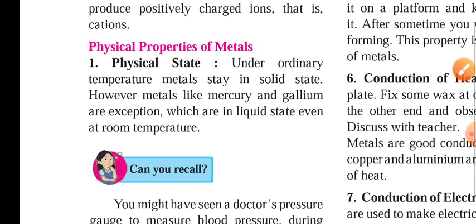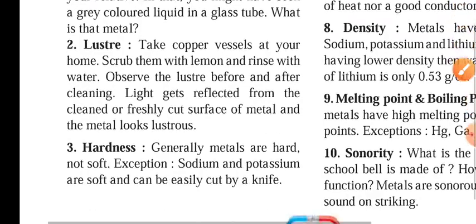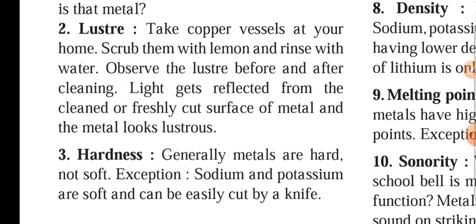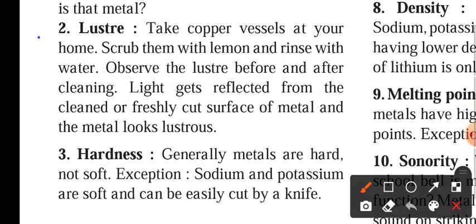Next, the property is luster. Luster is nothing but the shiny surface of a particular material. All metal articles in a solid state, if we polish them, will start to shine, like gold ornaments, iron, copper.